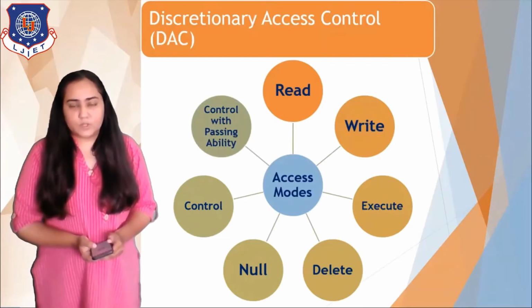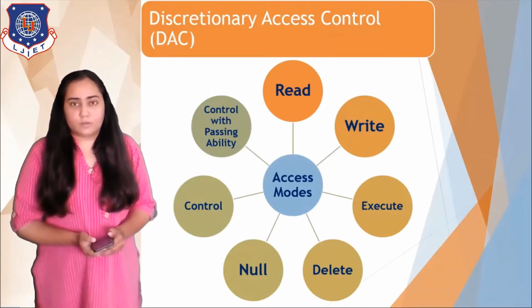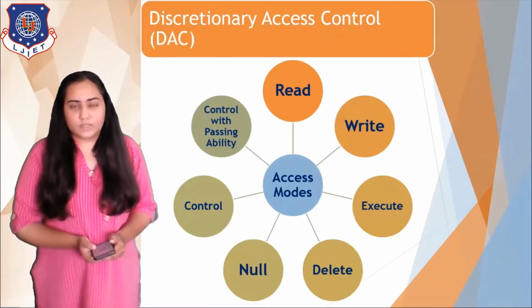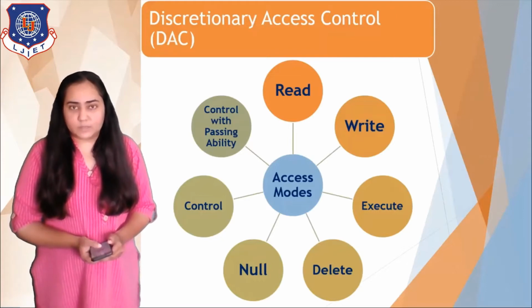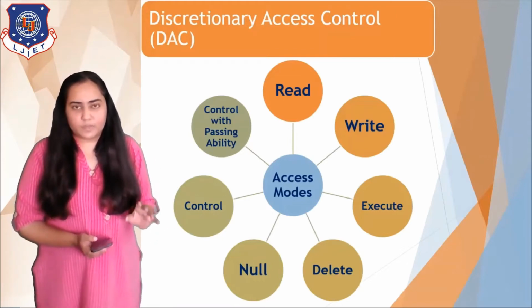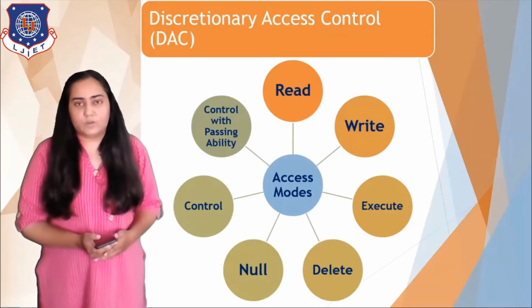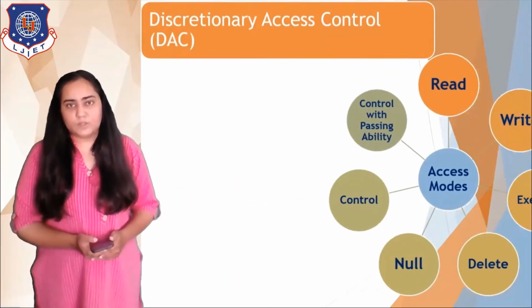This means the user not only has complete control over the object, the user also has the right to pass this control on to someone else. That is what control with passing ability means. Now, to handle all these modes, there are different tables created, which are known as access control matrix, and we are going to see that now.